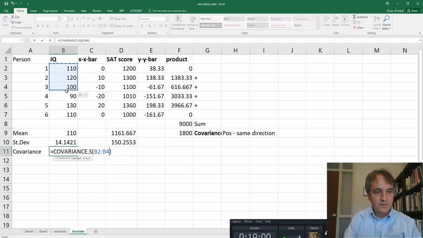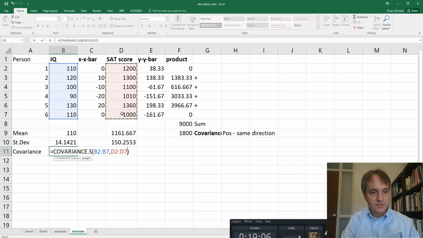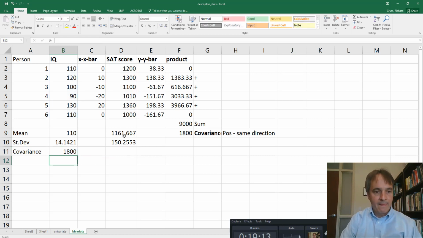I need to select the ranges for both variables. So show me the covariance between the IQ, colored blue here, and the SAT, and it calculates 1,800, the same answer we got over here.